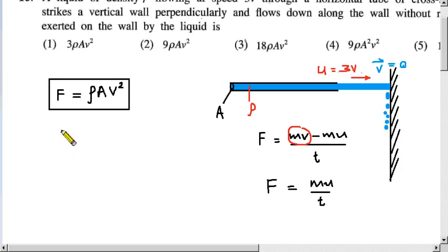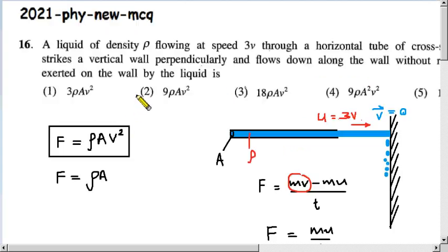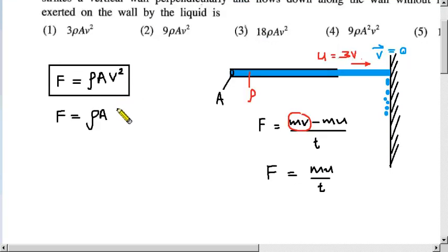So first let us solve using this equation. Suppose you remember this equation, then F equals rho a v squared. They have given v as 3 times v, so 3 times simple v is squared of whole thing. Then rho a, 3 times 3 is 9, then v times v is v squared.